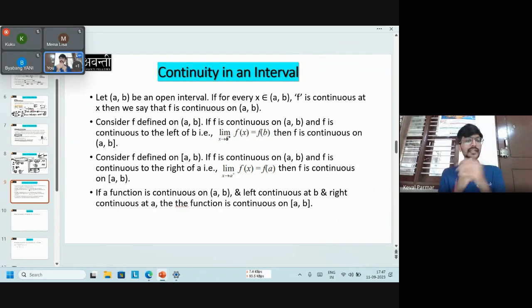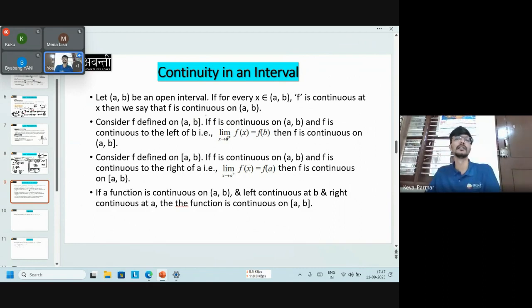So for that, we defined some standard functions. What are standard functions? Basically logarithmic functions, sine, cos, trigonometric functions, exponential functions, polynomial functions. We say that all these functions are always continuous in their domain.